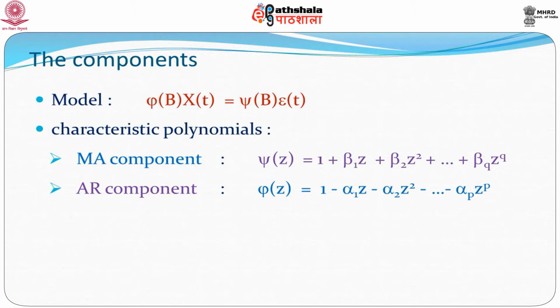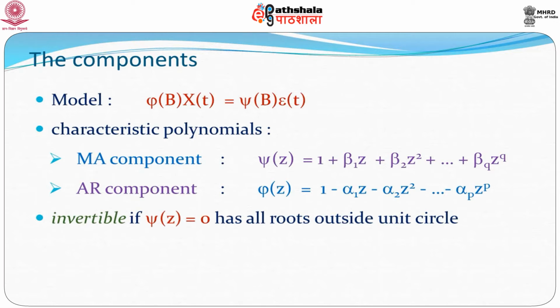On the other hand, for the AR component, we have phi(z) similar to what we had for an AR model, and we can therefore write this as a combination of the autoregressive as well as the moving average part.